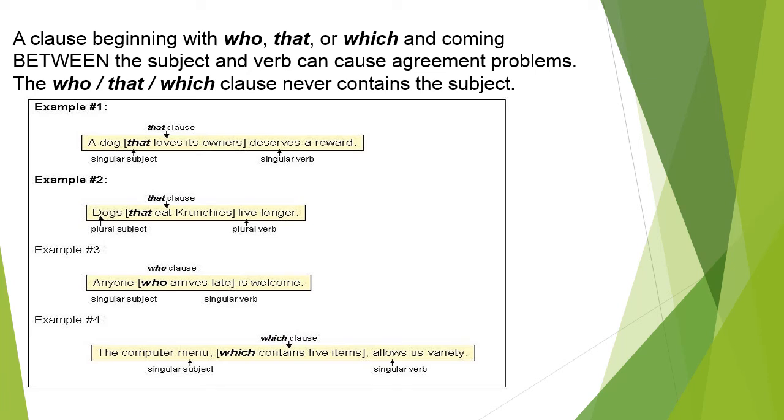Okay? Do not take into consideration the clause. So that loves its owner is the clause. That eat crunchies is the clause. Who arrives late is a clause. I'm not talking about these. Just determine the head. Determine the subject. What is the sentence talking about? Once you know what the sentence is talking about, the answer is known. A dog deserves. Dogs live. Anyone is. The computer menu allows.